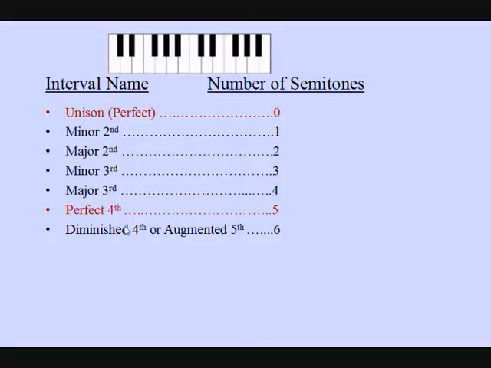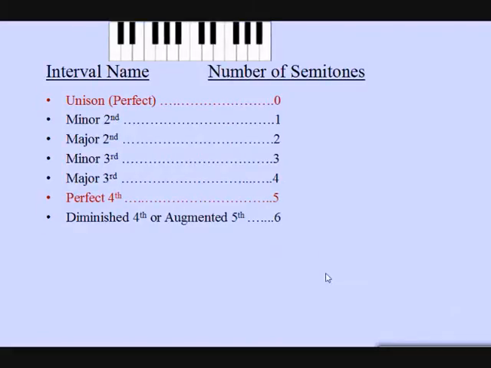That's why we have either the name of diminished fourth or augmented fifth. That will depend on whether we call this an F sharp or a G flat, which is actually the same note from the aural point of view.